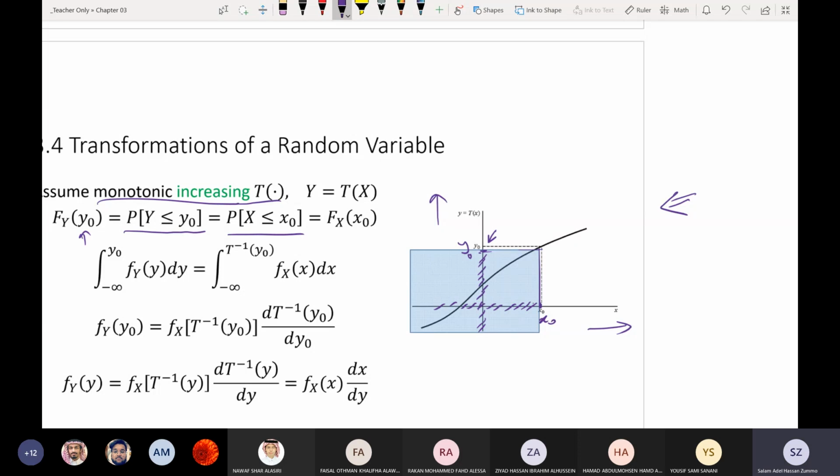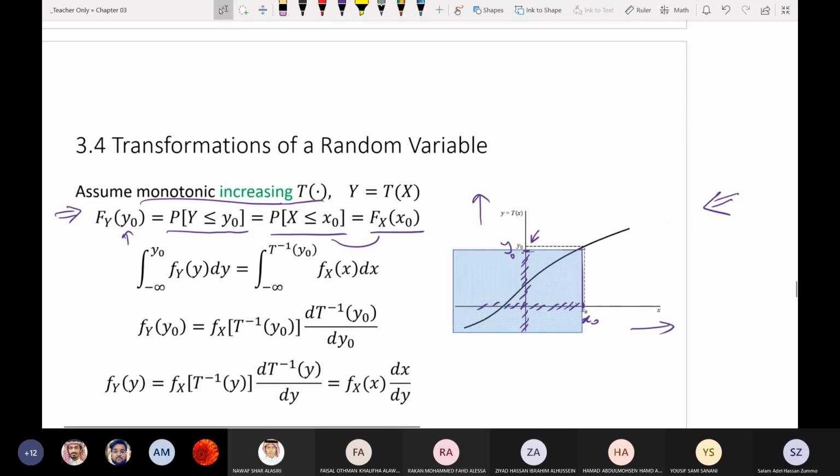Right? This is the equivalent range. Which gives you, by definition, the CDF of X evaluated at x0. Okay?